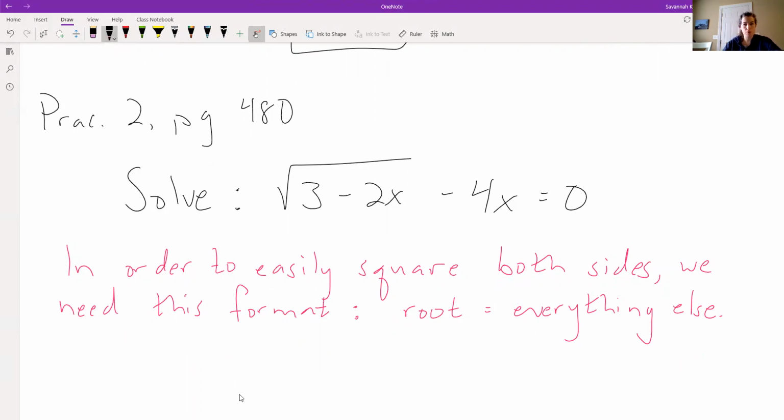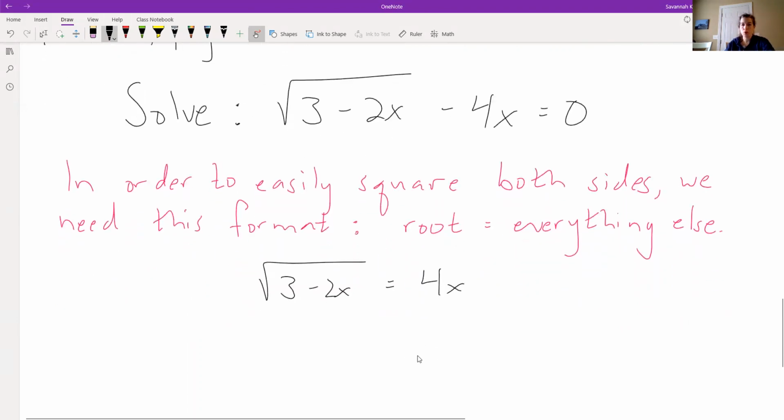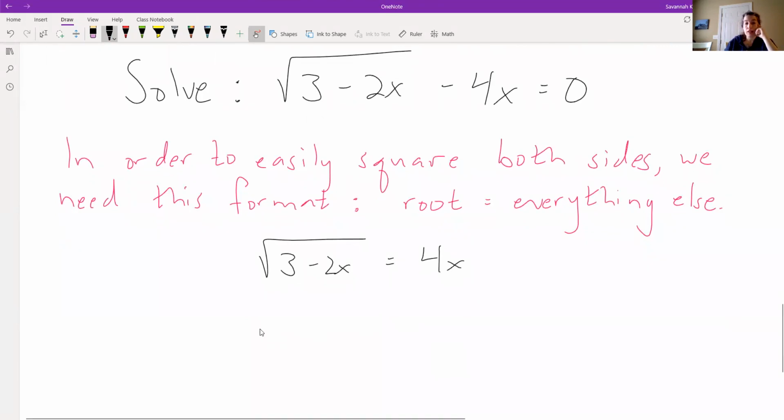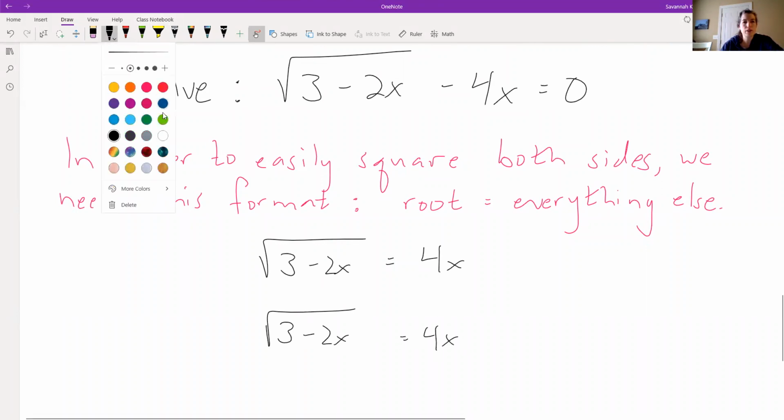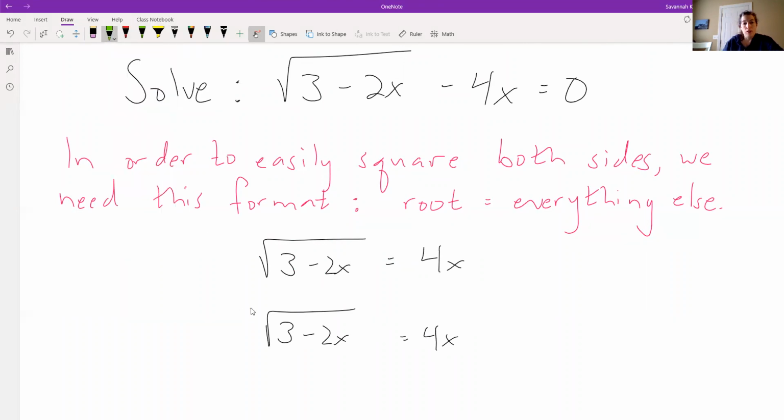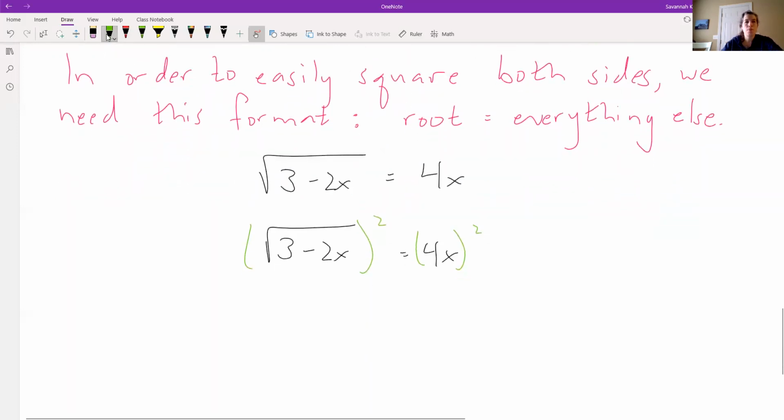Okay, so in our problem, we've got the root. If we just leave it where it is and then add that 4x to the other side, then we're good to go. Then we're in the position where we can safely and easily square both sides. So I'm going to rewrite here just so that the squaring both sides does not interfere in the notes. Okay, so this is what it looks like.